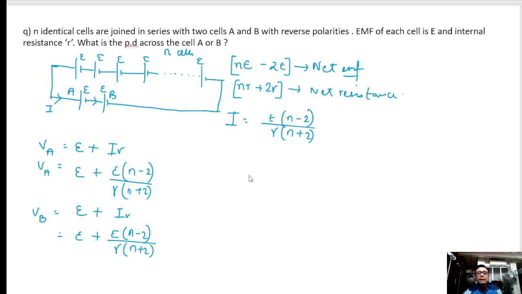Because current is entering into the cell, and I told you when current enters through the positive terminal, the EMF will increase by IR. This is the logic.